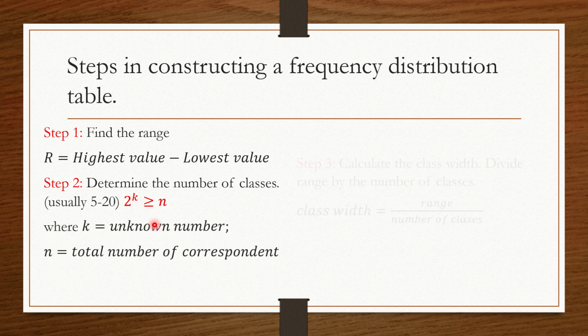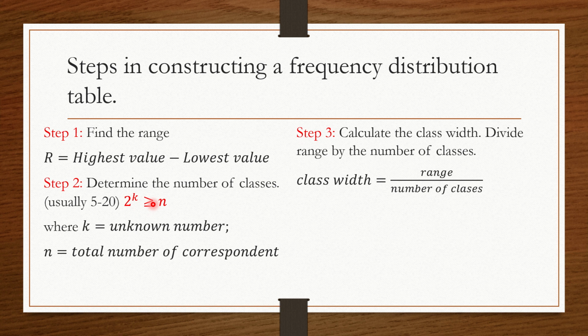Okay, so step 3, meron na tayong range and number of classes. So calculate the class width. So paano? Divide the range by the number of classes. So, ito po yung formula in finding the class width. Range divided by number of classes. So, yung range sa step 1, hinanap natin. Yung number of classes sa step 2 po natin hinanap.